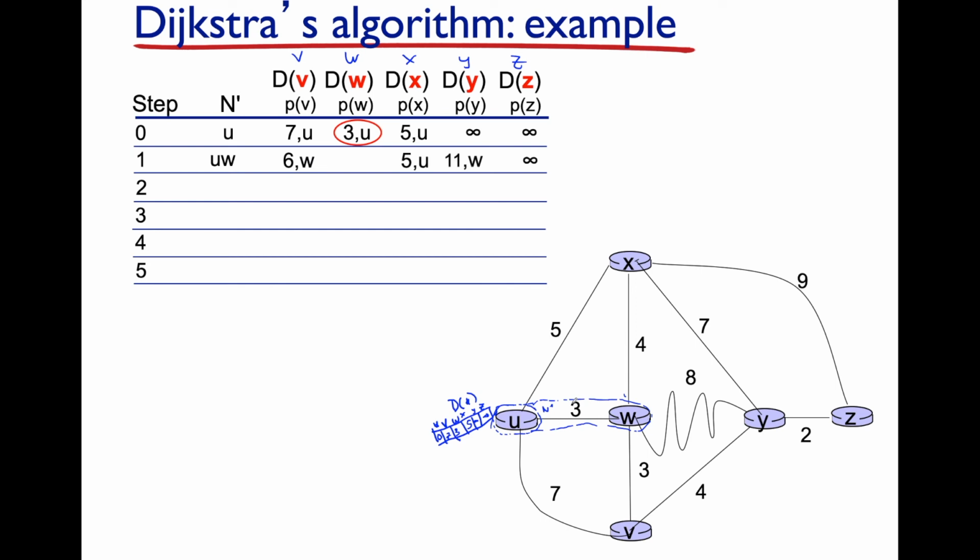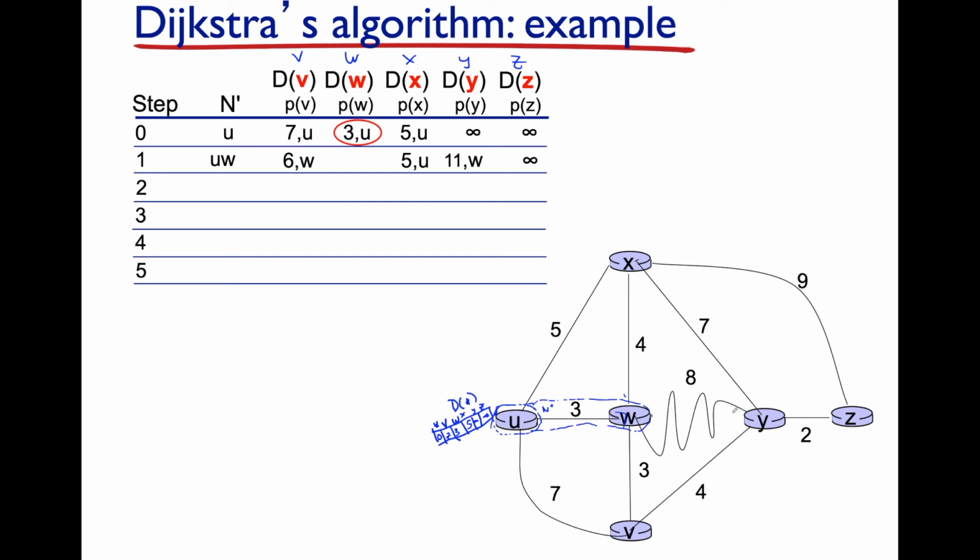So let's take a look at this. So we still have this infinity for Z. The least cost path now, entry distance vector, to get to V has now updated to 6, and the predecessor is W. Okay, that's now our new pathway to get from U to V is going to be indirectly through W. Likewise, for this path to X, it has not changed because it's cheaper to go directly to X rather than indirectly through that neighbor W. And lastly, to get from U to Y, instead of an infinite path cost, it's better to go indirectly through W at a cost of 11.